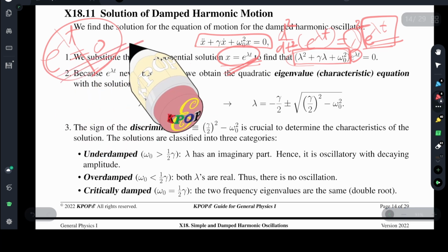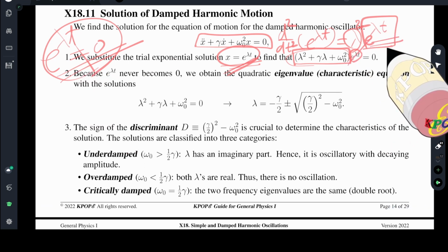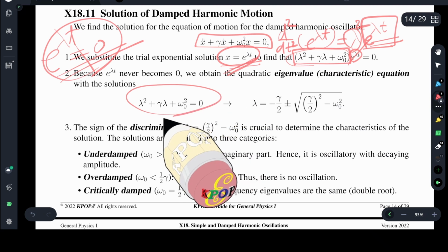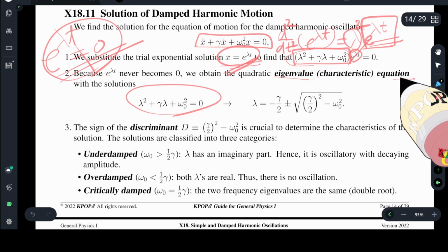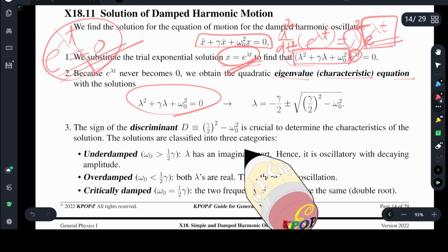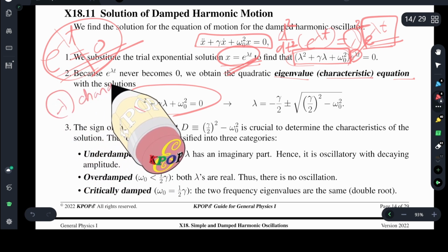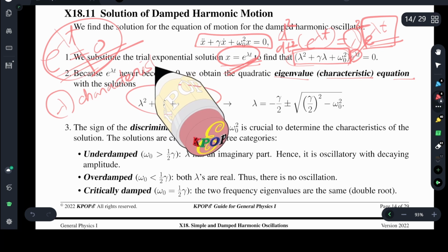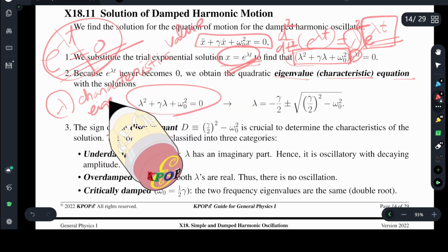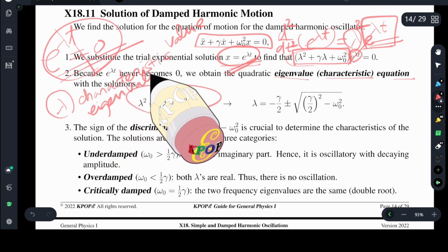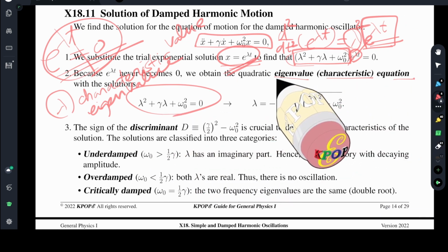Therefore, we can always divide both sides by this common factor. This results in a quadratic equation in lambda. This is called the eigenvalue equation or characteristic equation. Eigenvalue means this lambda, which is a characteristic value. Eigenvalue is a German word.